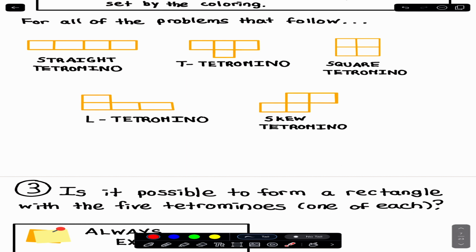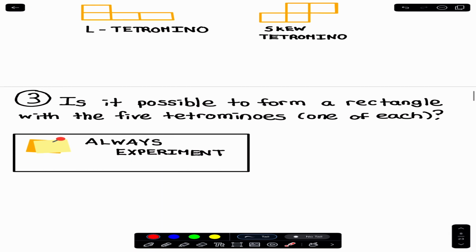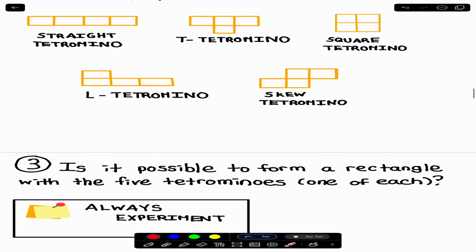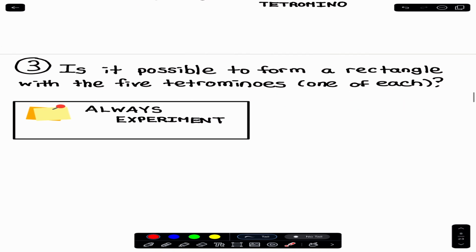If I were at home, I could draw these out, maybe cut them up, and then try to orient them, turn them around, flip them, rotate them, reflect them, however I want to, and just try my best to make a rectangle. So I'm going to let you go ahead and do that.